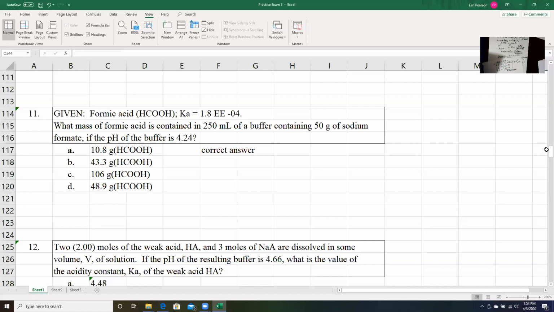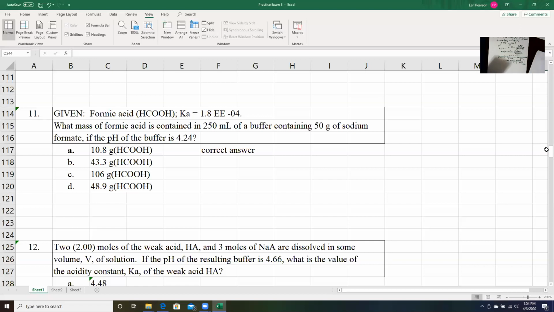So it's 2 times 1.008 plus 12.01 plus 2 times 16, which is 46.026 AMU. Now let's go back. So it is 46.02 grams in 1 mole.